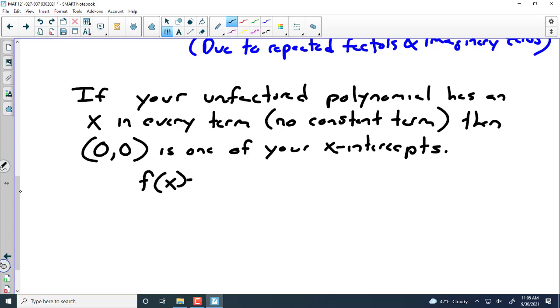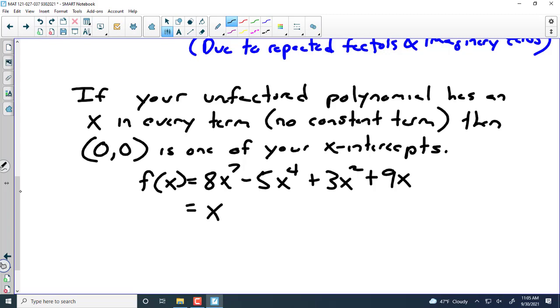Because if every term has an x in it, the first thing you can do is factor out an x.